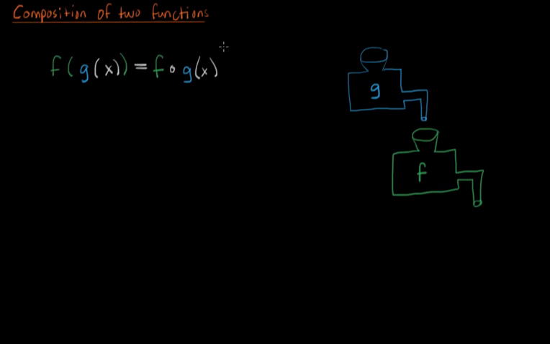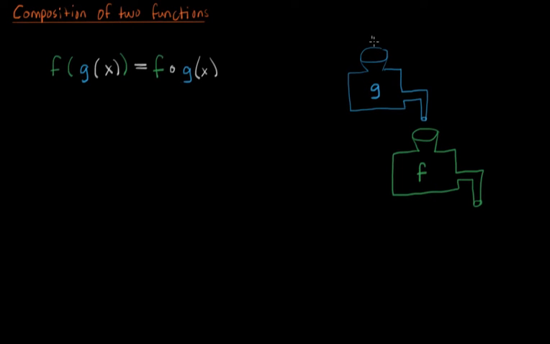And don't ask me why this notation is too much to write and this one's better. I'm not really sure. But if you ever get confused about what we're talking about, go back to the extra set of parentheses. So we're taking the x, we're putting it into the g function first. Then whatever we get out there, we're putting it into the f function, which is exactly what's happening here.